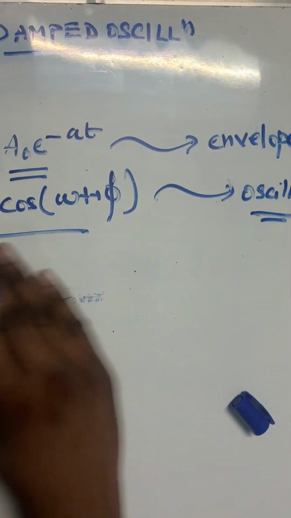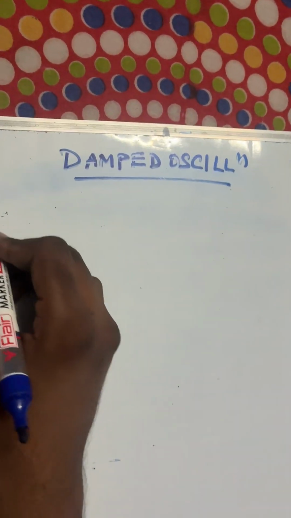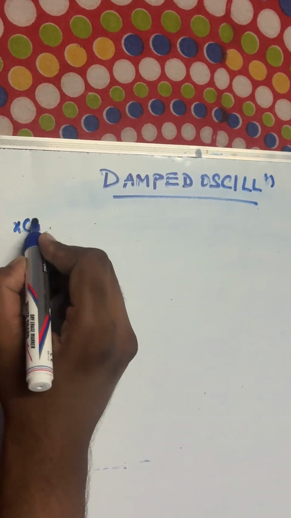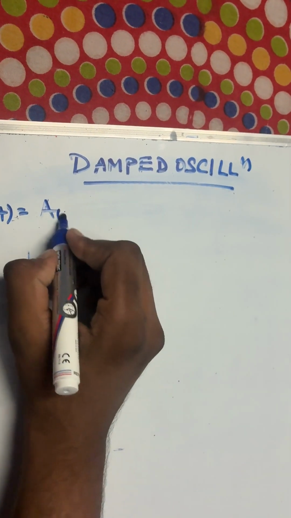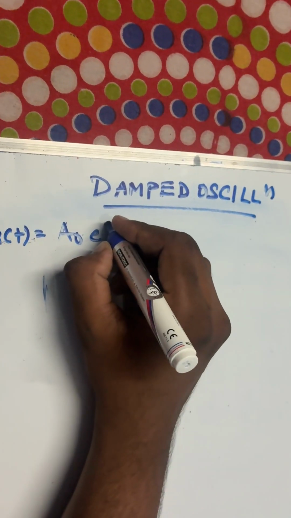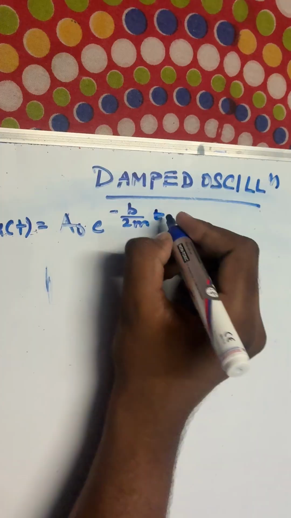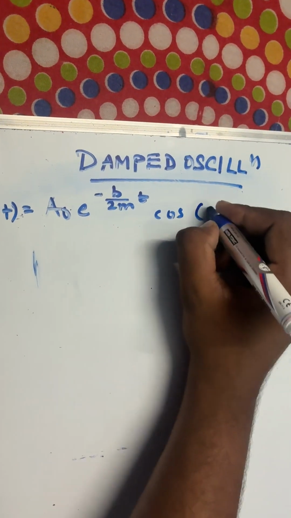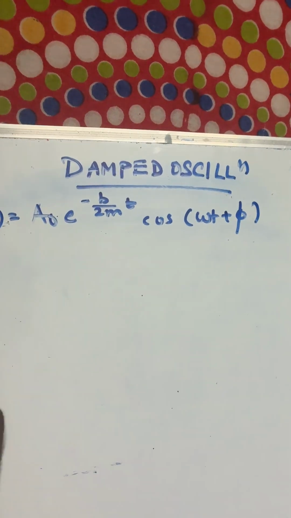So if we write it all together, the solution looks like what we have got: e to the power rt, with r's value, so x of t equals A naught e to the power minus b by 2m into t, times cos of omega t plus phi, right?